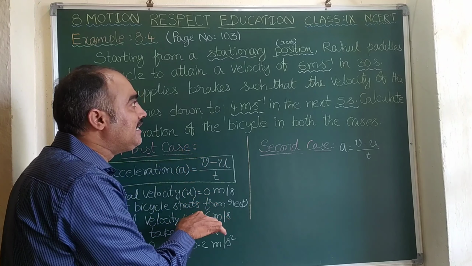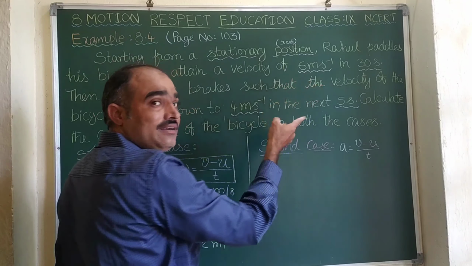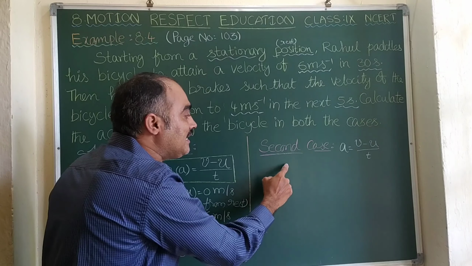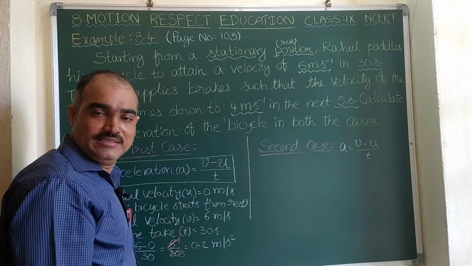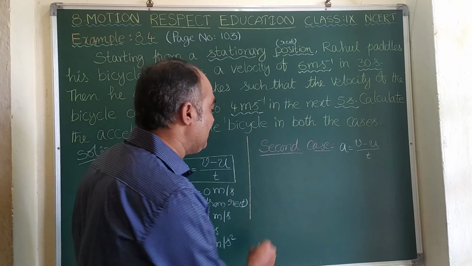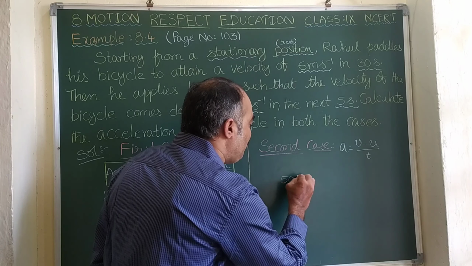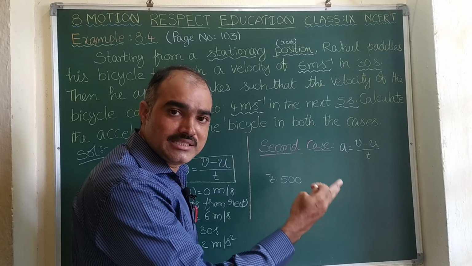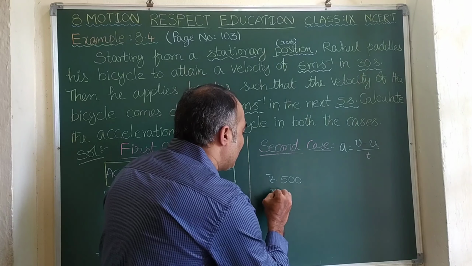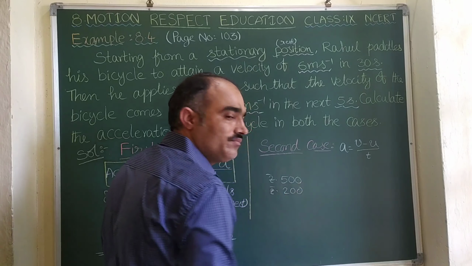Here what velocity he attained? 6 meter per second. That will be the initial velocity in the second case. Then this 4 meter per second is the final velocity. Is it clear? Here is a simple example I am saying. For example, you went to a shop by taking 500 rupees. You purchased some items which cost, for example, 200.